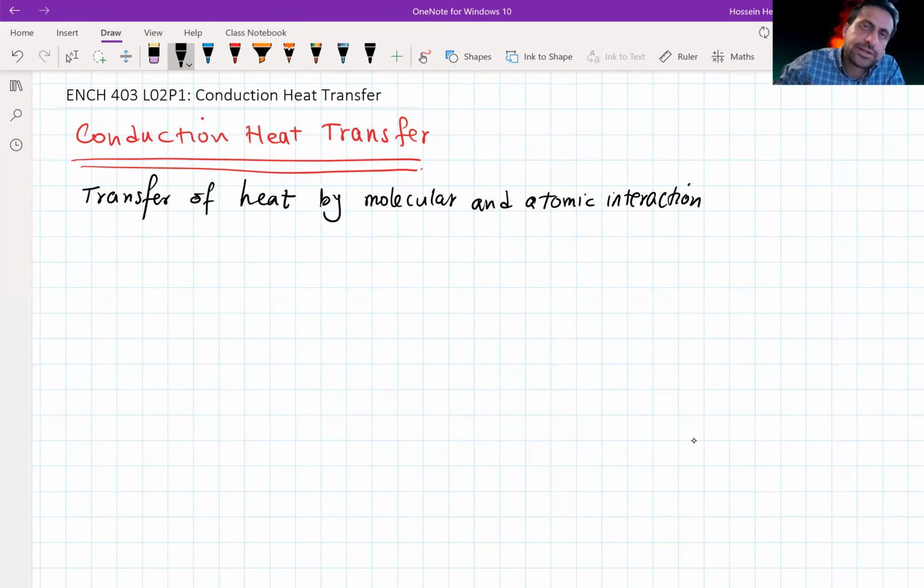Now, in solids, molecules have a fixed position, and they can transfer heat, or thermal energy, in two forms. Let's say these are solid molecules.